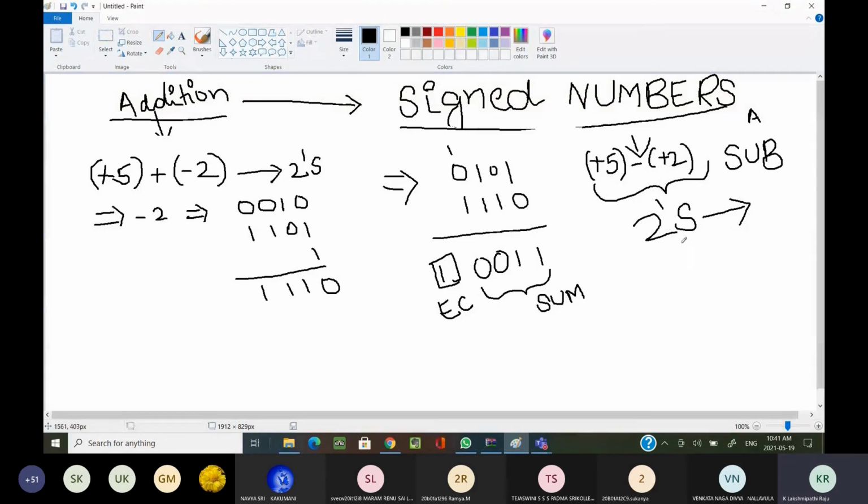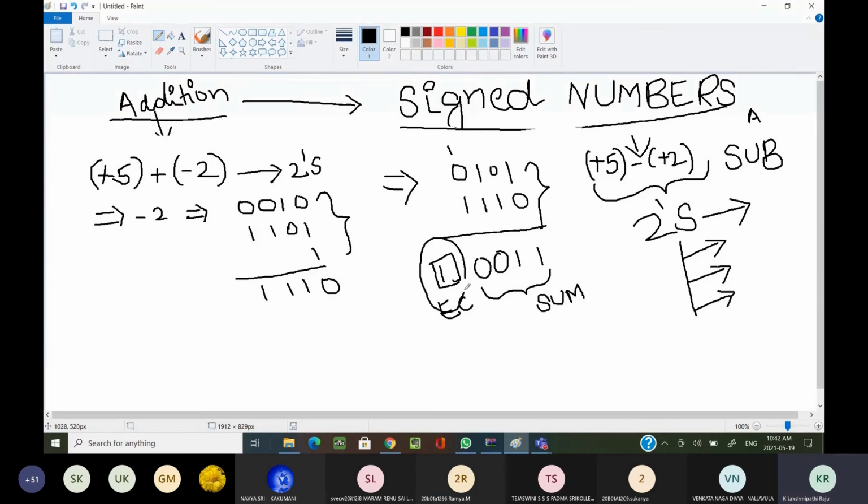What steps did we discuss for unsigned number subtraction using r's complement? The first step is A plus the r's complement of the subtrahend. That is what I am doing here. I am adding the r's complement of the subtrahend to the minuend.